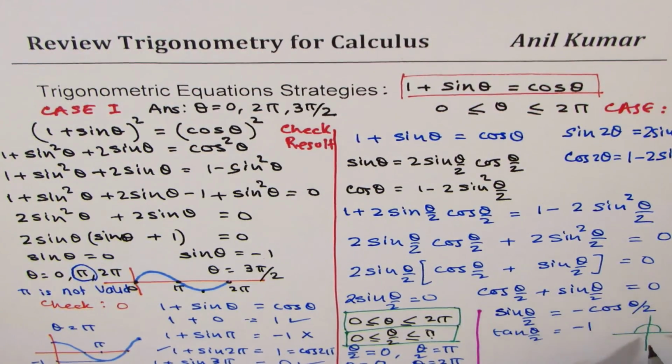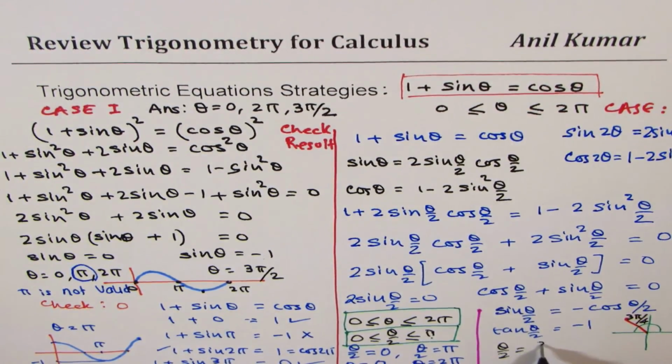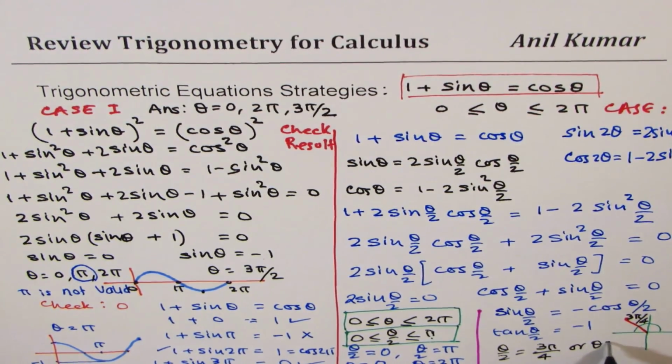So within this domain, when is tan negative? Tan is negative when you are in quadrant 2. So that is the solution we're looking for. And the acute angle is pi by 4. So this angle is 3 pi by 4, right? For which it is minus 1. So we get theta by 2 equals 3 pi by 4, or theta equals 3 pi by 2, right?